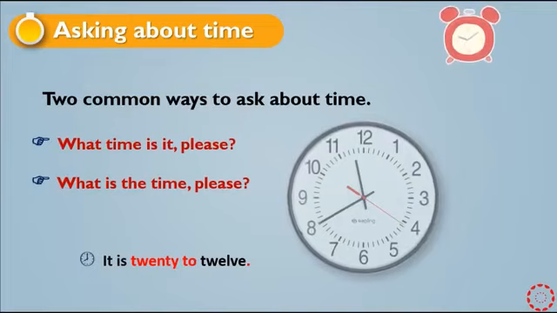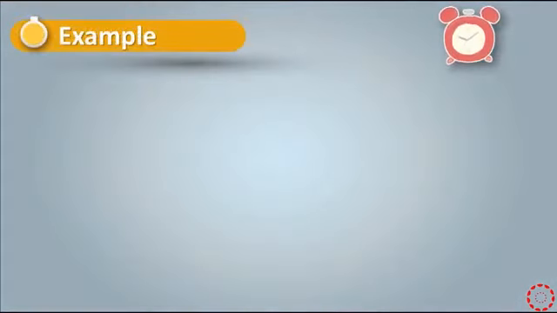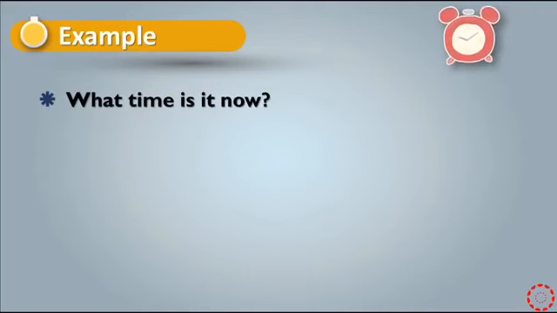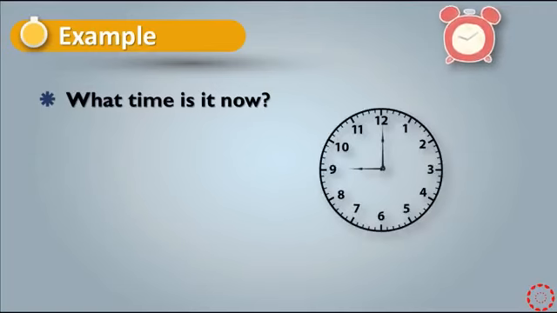We have some examples. Someone just asks, what time is it now? If we look at the clock, the long one and the short one, the minute hand and the hour hand, you know that the long one is on the number 12, so it's going to be o'clock.